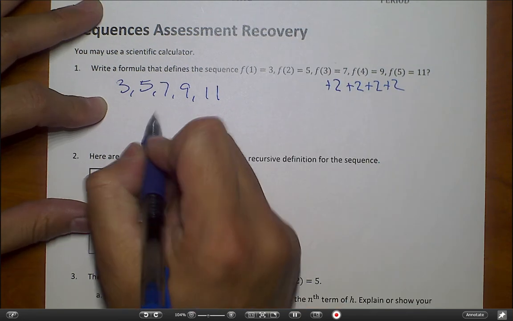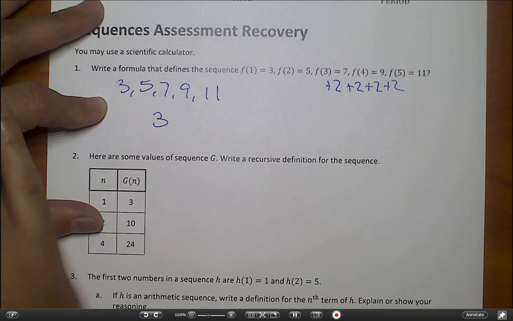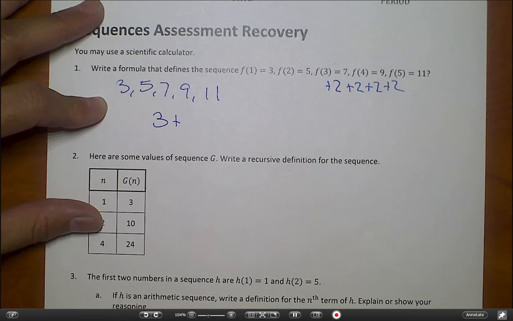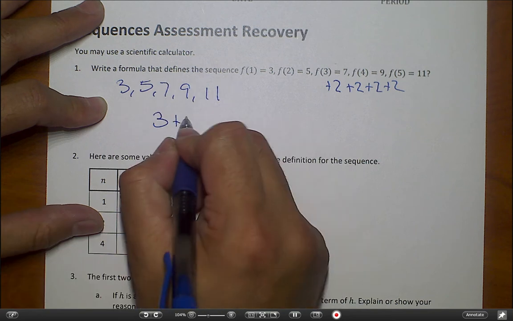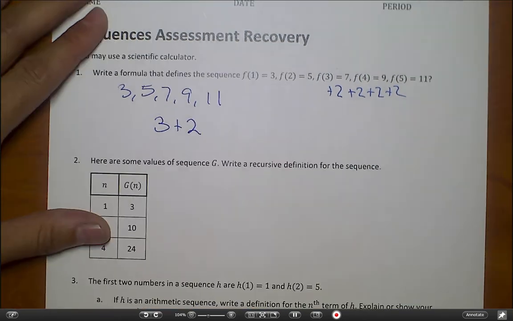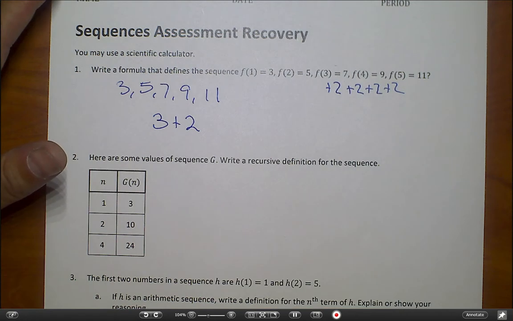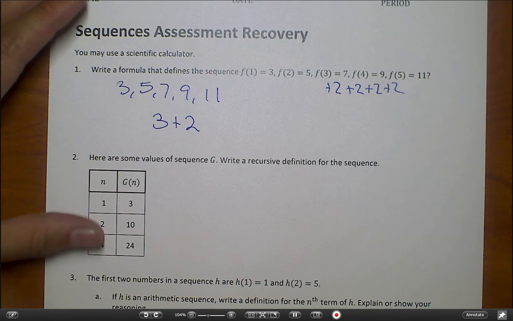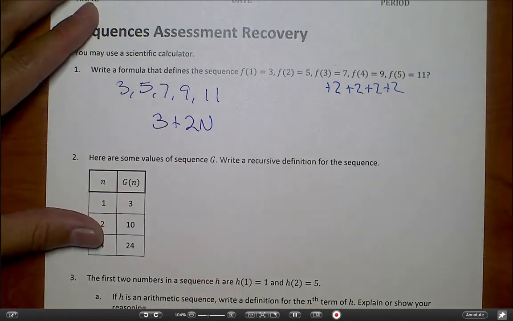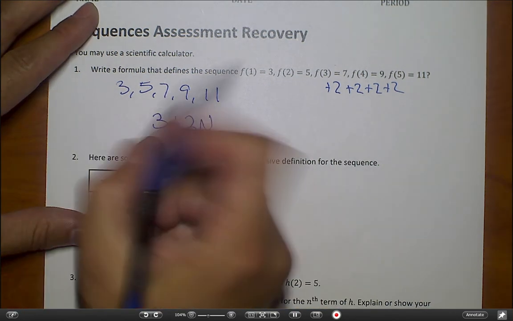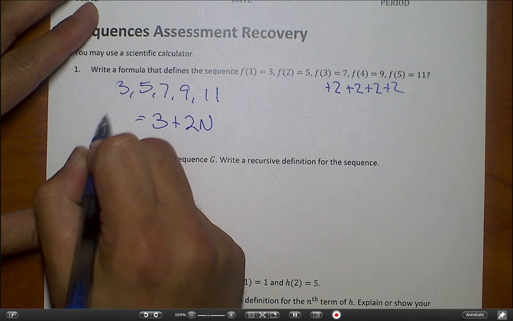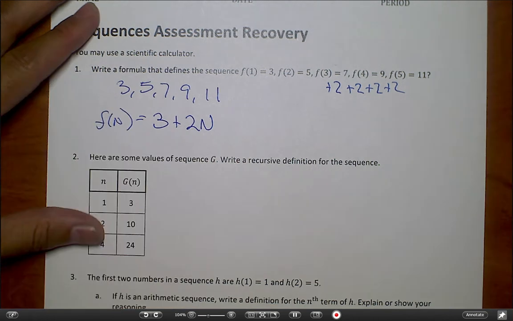Starting with 3 plus, how much am I adding? I'm adding 2. But now, if it is repeated over and over again, what do I have to add to that? n. I have to add an n, so it's 2n. So you'll see in a second, that equals my f of n.